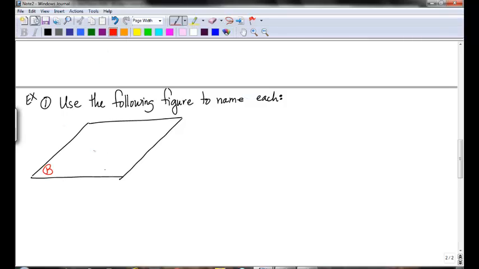Okay, and this, put a script B. Put a line with an arrow at both ends. On that line, put an uppercase J, not script, K, and L. Over here, put a point M. And down here, put a script A, lowercase a.